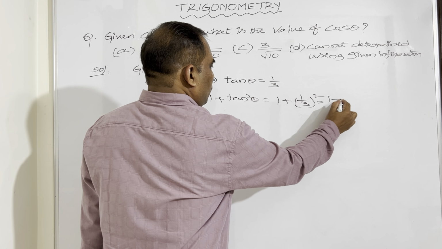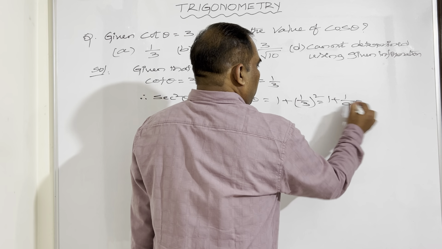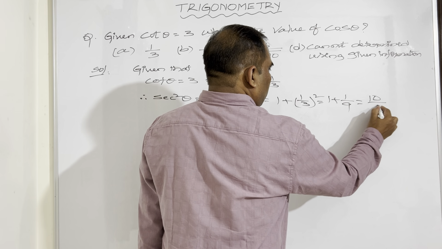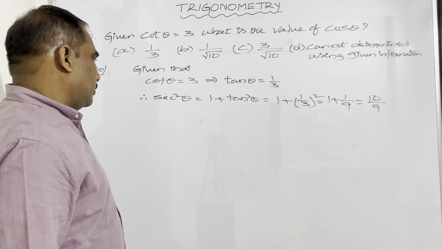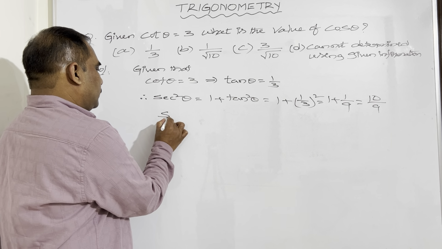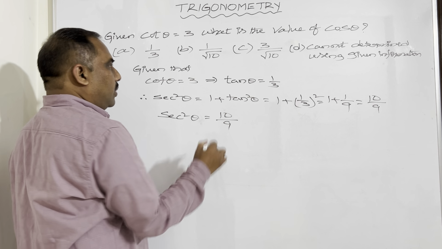So which is equal to 1 plus 1 by 9, which is 10 by 9. So secant square theta is equal to 10 by 9.